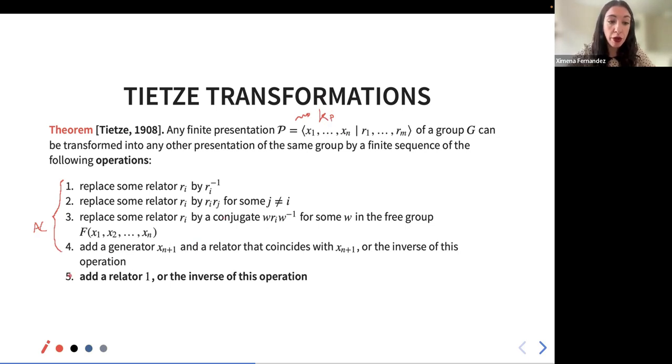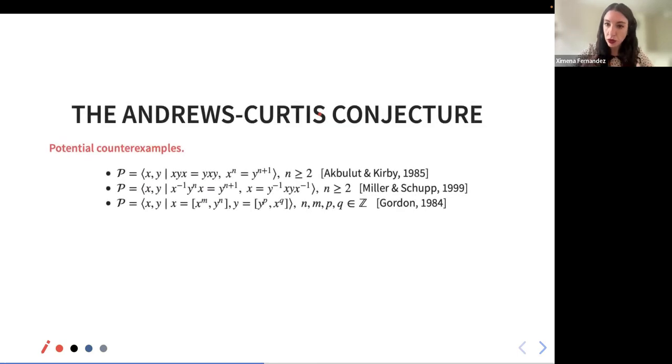But operation number 5 is basically the attachment of a sphere on top of the vertex of this complex, so it changes the homotopy type of KP. This is the main difference between operations 1 up to 4 and 5. Great. So what about this conjecture?